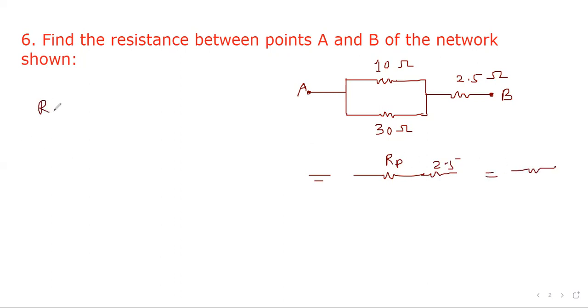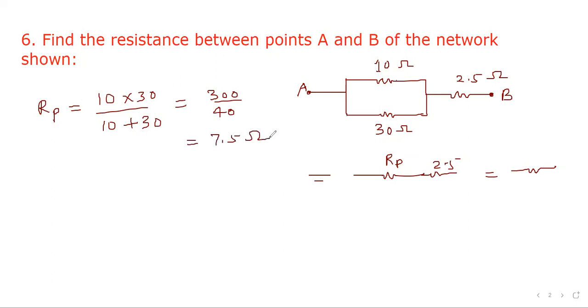So RP will be equal to 10 into 30 divided by 10 plus 30, that is 300 divided by 40. So this will become 7.5 ohm, and 7.5 is in series with 2.5 ohm. So this will be equal to 10 ohm.